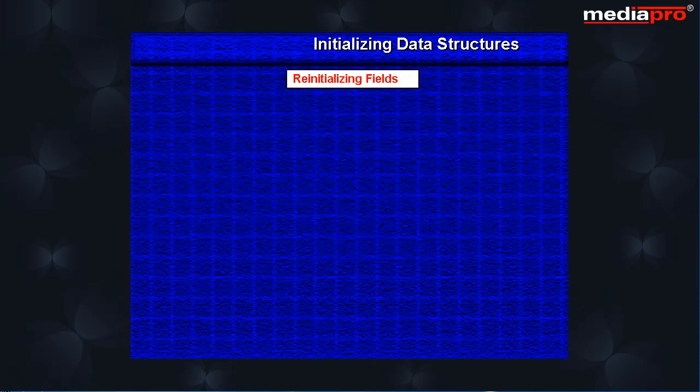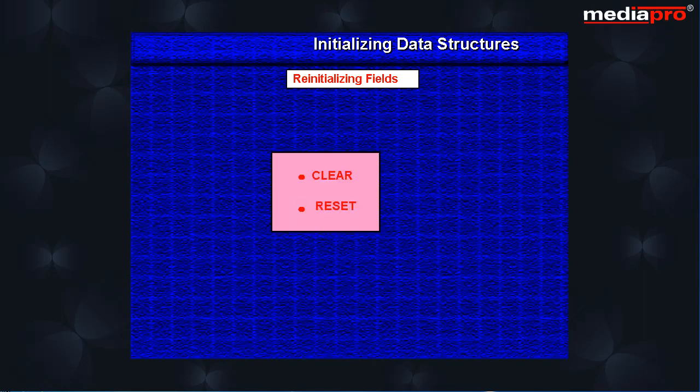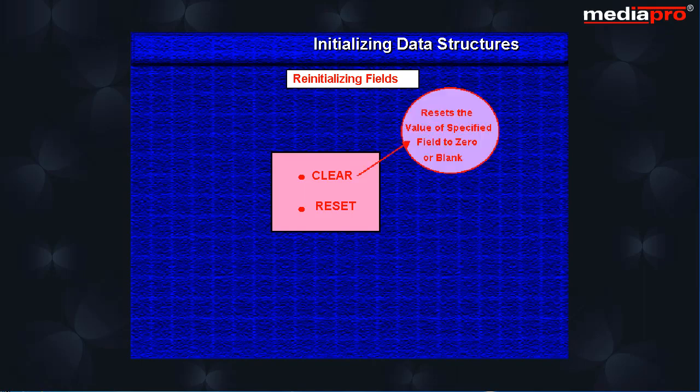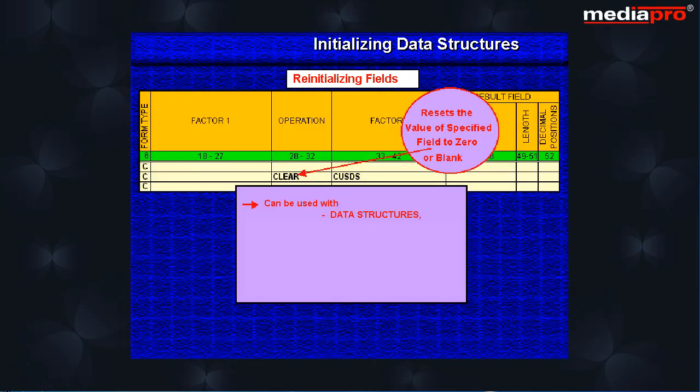Very often you will need to reinitialize fields during processing, such as setting subtotal accumulators back to 0 in control break programs. RPG provides two operations, CLEAR and RESET. The CLEAR operation resets the value of the fields specified to 0 or blank depending on the field type.